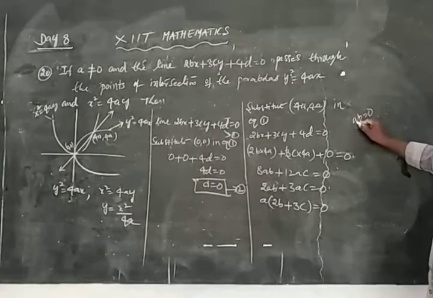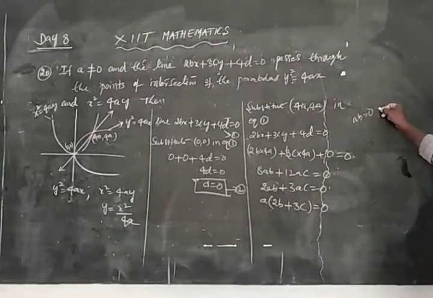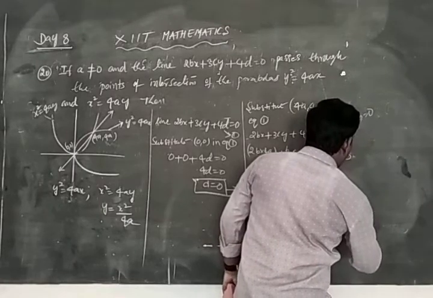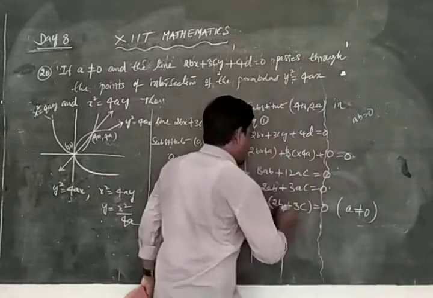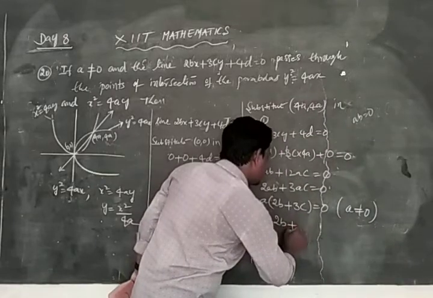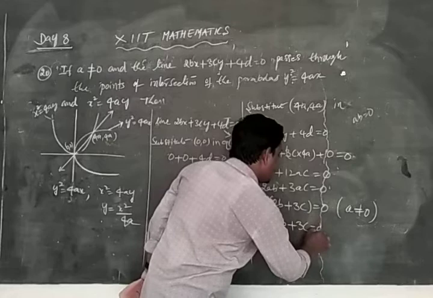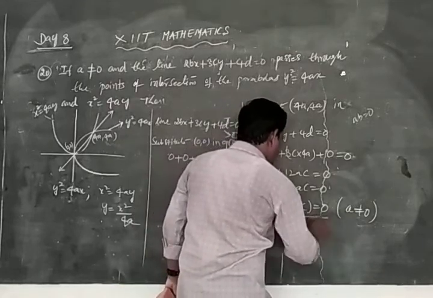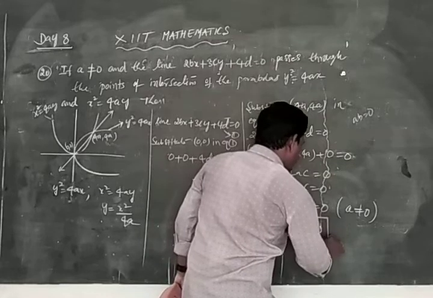So if a equal to 0, ab equal to 0. If b equal to 0, ab equal to 0. So here what is the condition? a not equal to 0. Then the compulsory condition is 2b plus 3c equal to 0. This is equation 3.